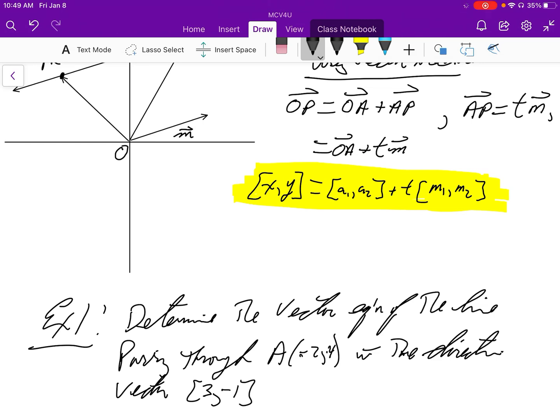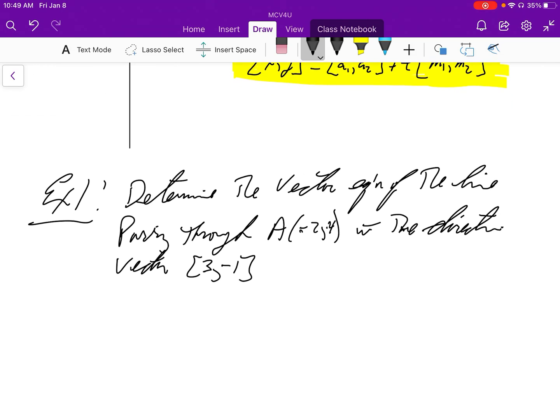Okay, so we have the direction vector of [3, -1]. We have passing through the point (-2, 4).